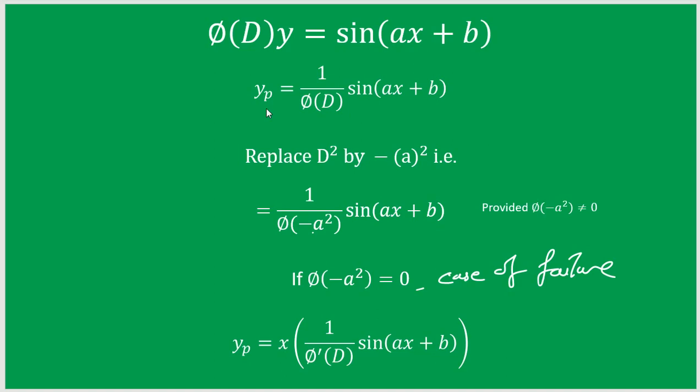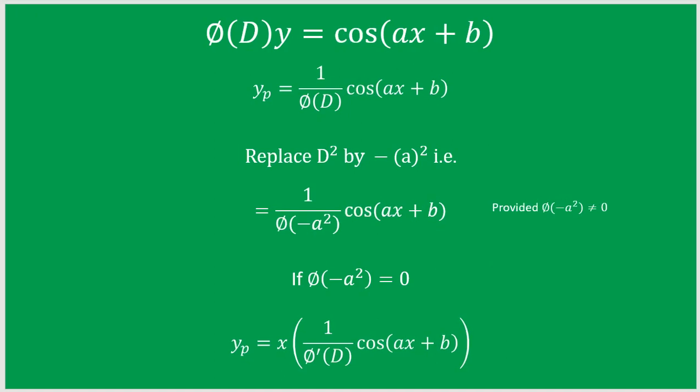Similarly, the same method works for cos of ax plus b also. Everything is the same, and here also when phi of minus a square is equal to 0, this is a case of failure. We have to take x times 1 upon the derivative of phi of D, cos of ax plus b.